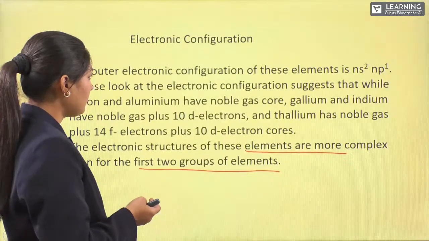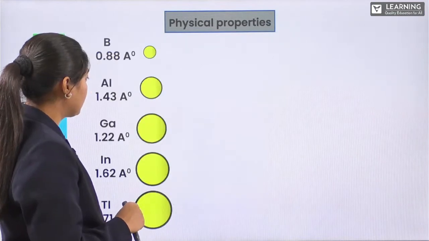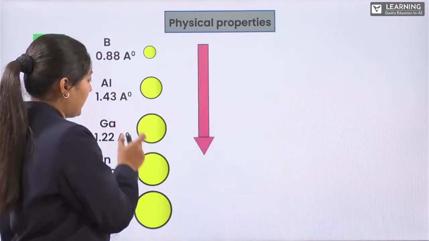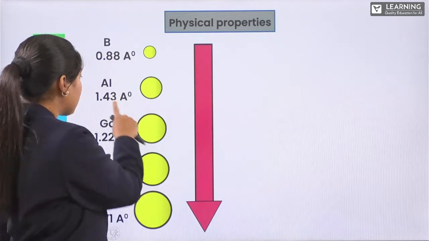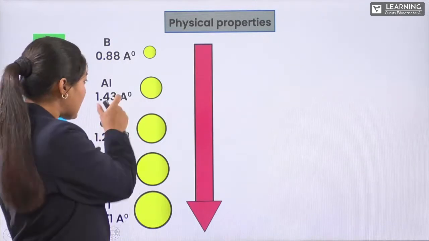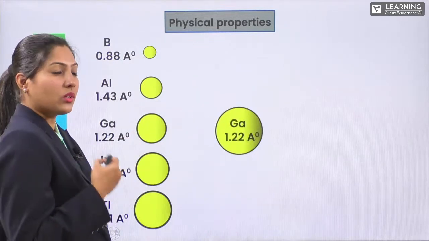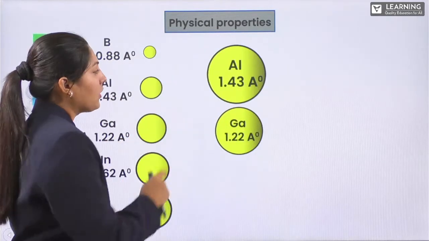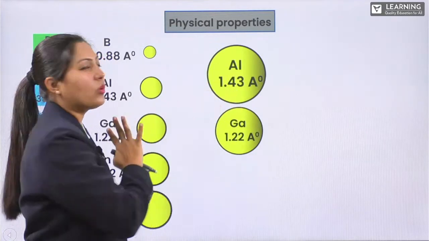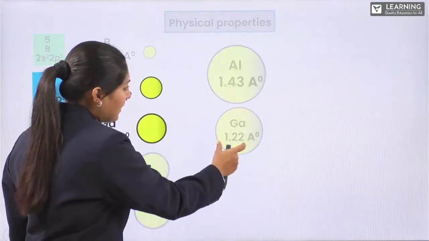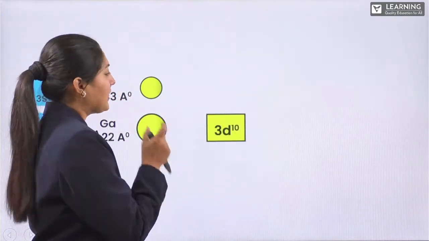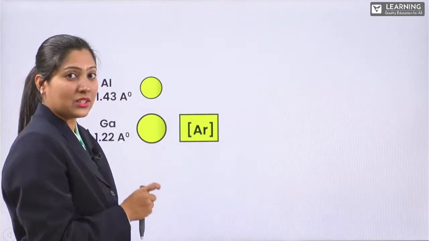So between aluminium and gallium, the size decreases. Why does the size decrease? Because the effective nuclear charge is more for gallium. Why? Because for aluminium we don't have a d orbital. For gallium we have a d orbital, and that d orbital has 10 more electrons.